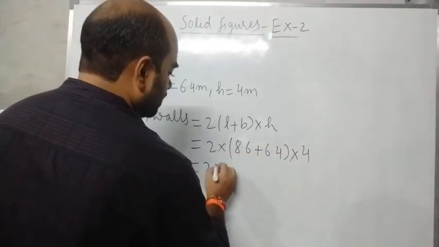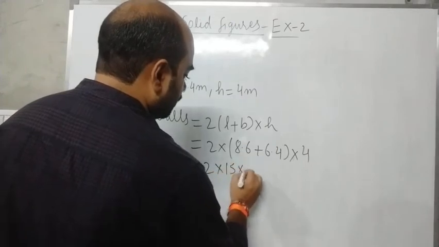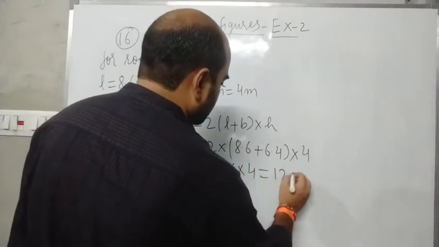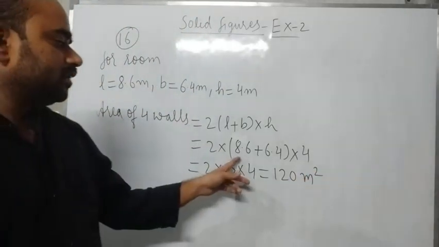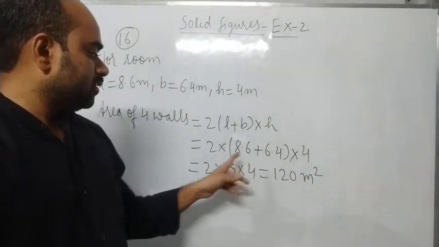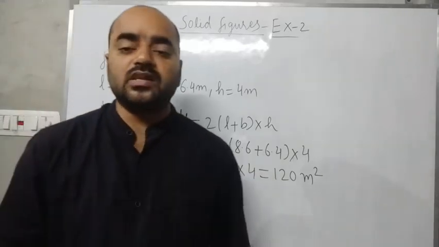It means 2 into 15 into 4, which is 120 meter square. 120 meter square is the area of the 4 walls.